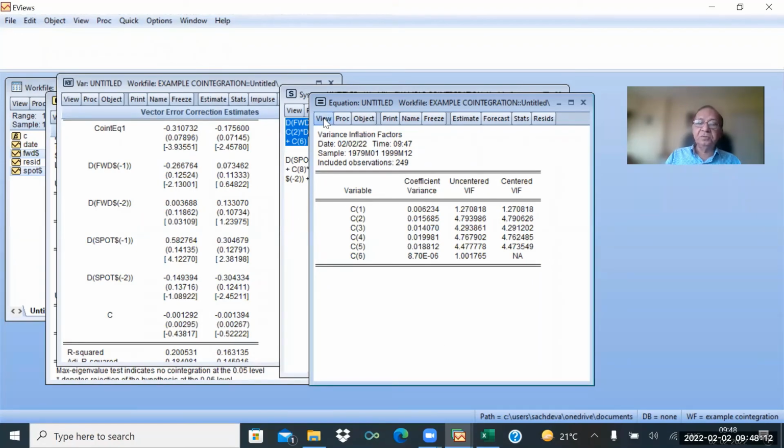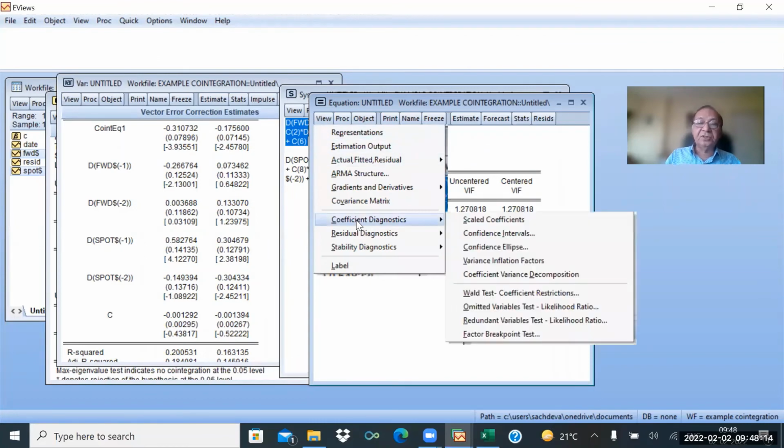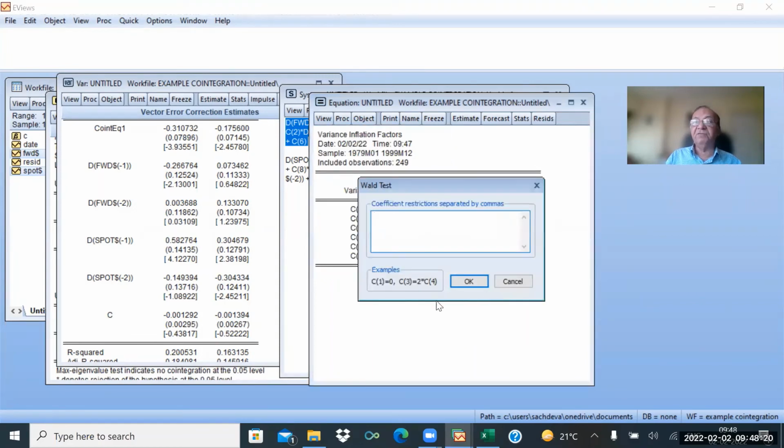We will go to view, coefficient diagnostic. We can do the Wald test. In the Wald test, we can see whether the coefficients C1, C2, C3, C4, C5 are 0, so our null hypothesis is C1 equal to C2 equal to C3.